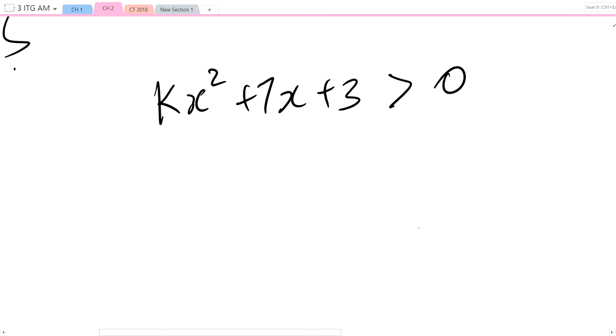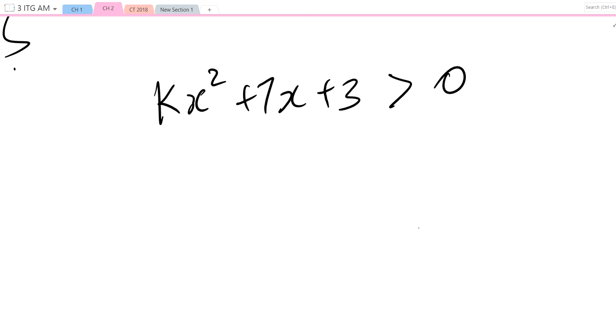Okay, so this is the question, the expression. And now they say that this will always be greater than 0. Does that make sense to you? Is there really something like this where we have kx squared plus 7x plus 3? No matter what you sub in for x, it can be anything in the world. No matter what you sub in, it will be greater than 0. Does this sound possible to you?